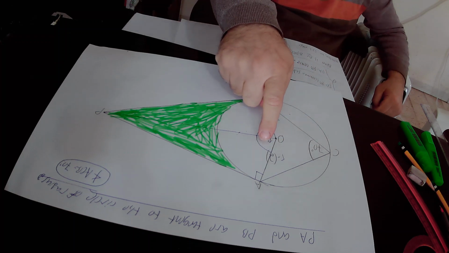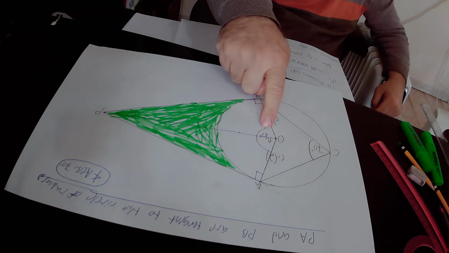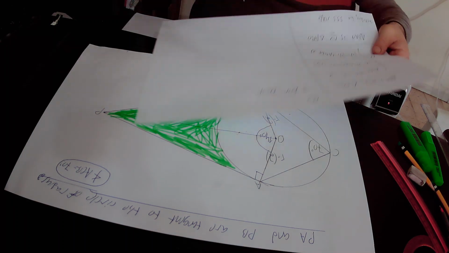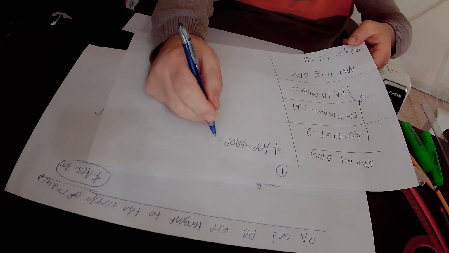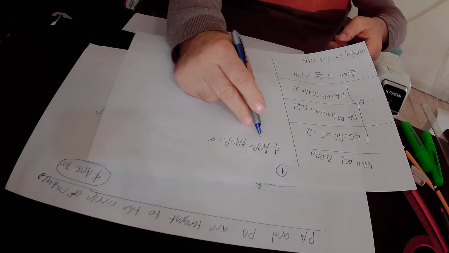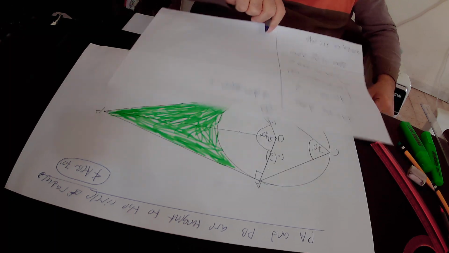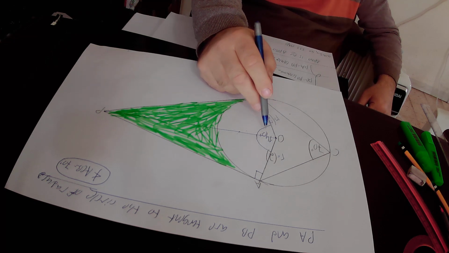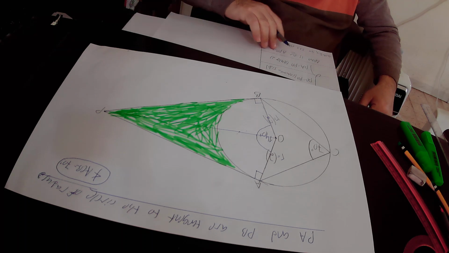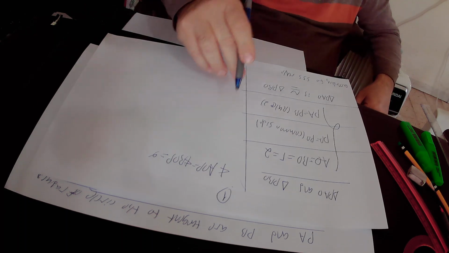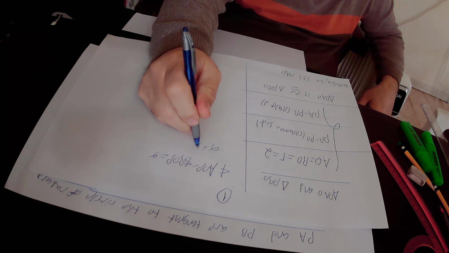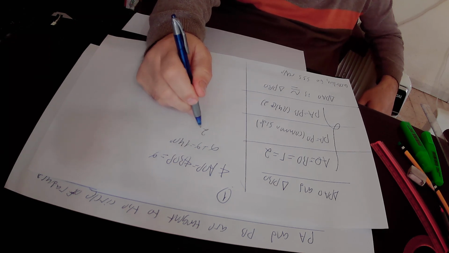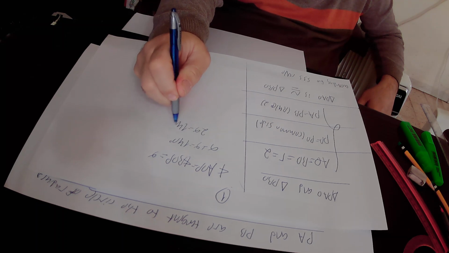So if we define this angle as alpha, then the other angle must also be equal to alpha. So alpha plus alpha equals 140 degrees. So alpha plus alpha is 2 alpha, that is equal to 140 degrees.